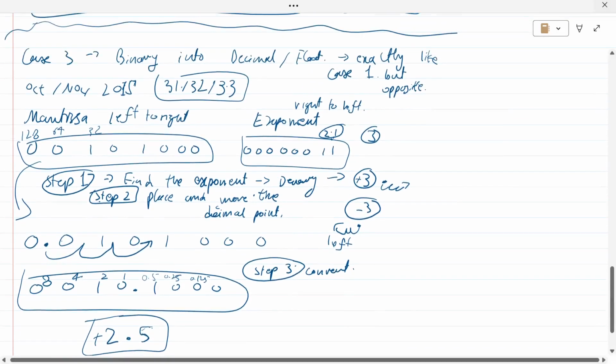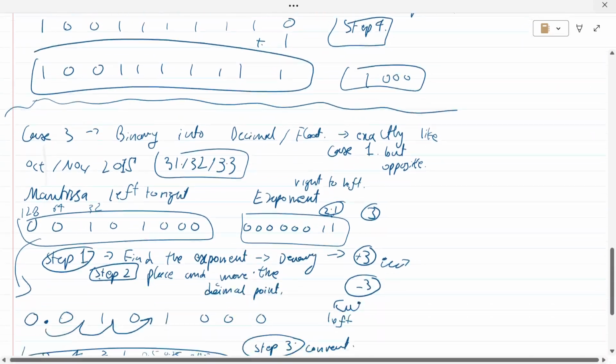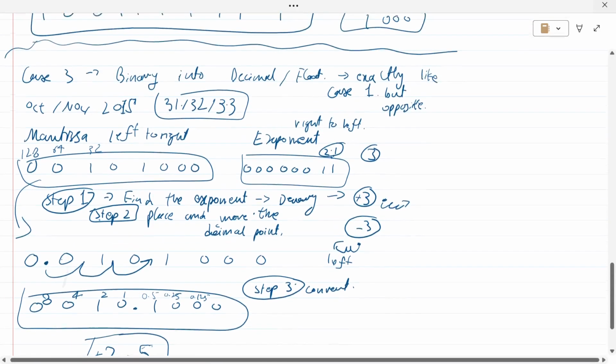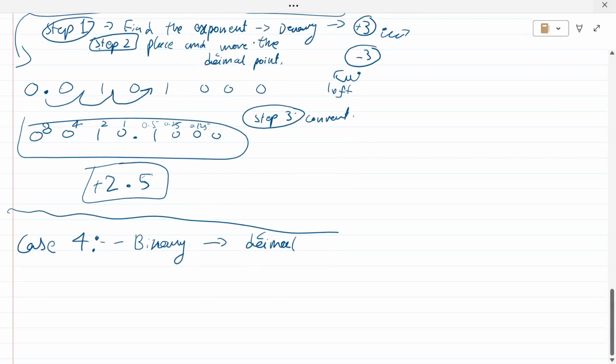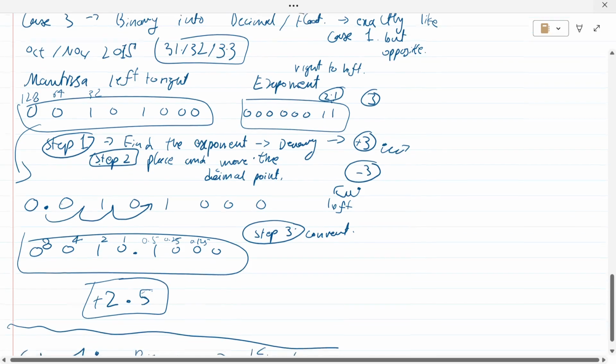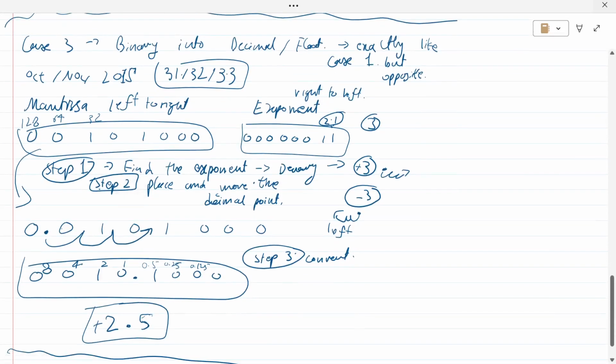Now remember one thing, the two's complement thing, just like we did in the second case, right? If the mantissa is negative, then all we have to do is convert it into a negative using two's complement. This rule applies to the fourth case as well as the second case. But only in the third and the fourth cases, we don't take two's complement on our exponent. Please do remember that, right? It's just simple. Don't try to make it confusing for yourself.